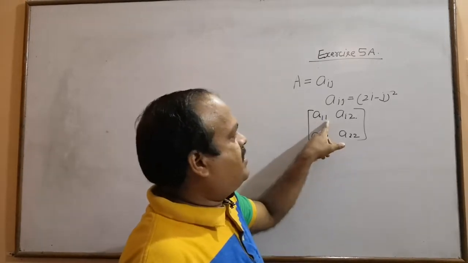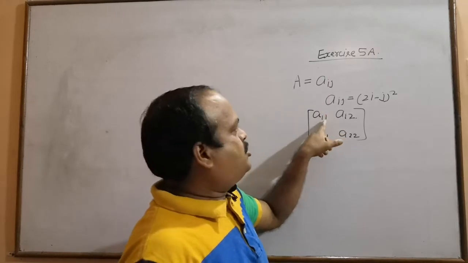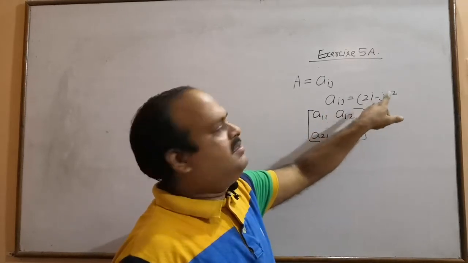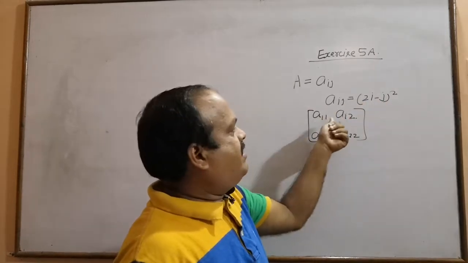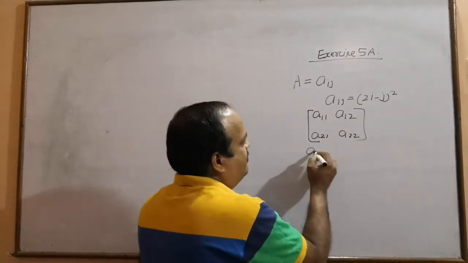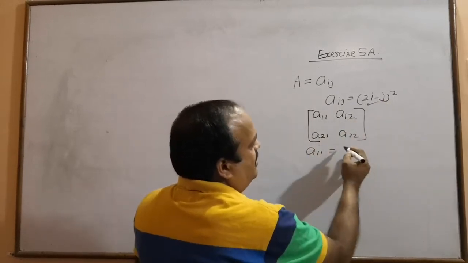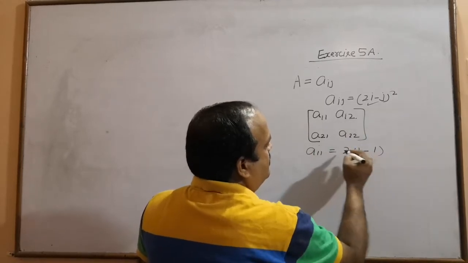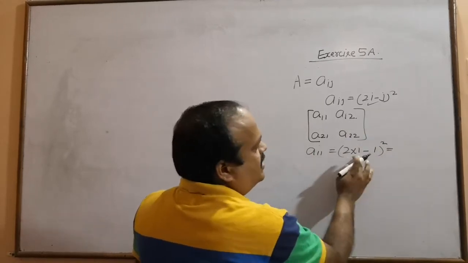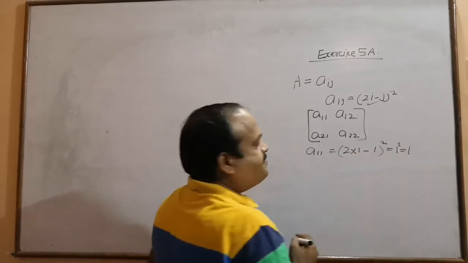This is A11. So i is 1, j is 1. Put i as 1, j as 1 here to get A11. Using this formula, 2 into 1 minus 1 whole square. 2 minus 1 is 1.